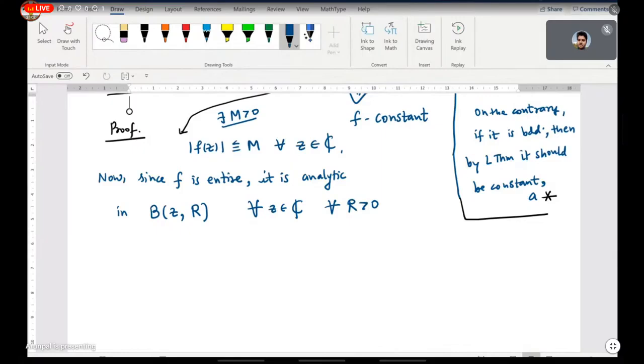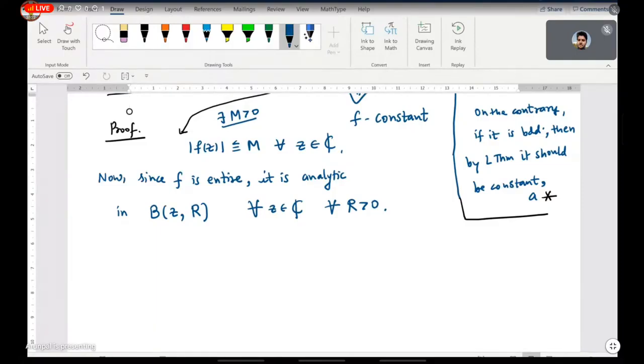Meaning thereby, class, you take any arbitrary ball in C, this function will be analytic on that. Is this okay? Because the function is analytic on the whole of the complex plane, right? Yes, yes.